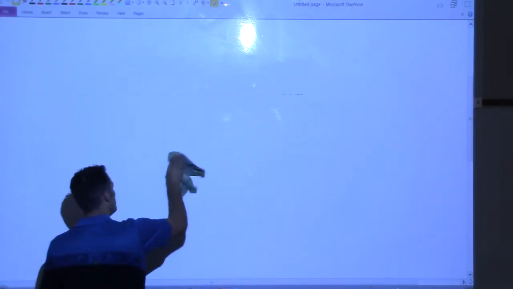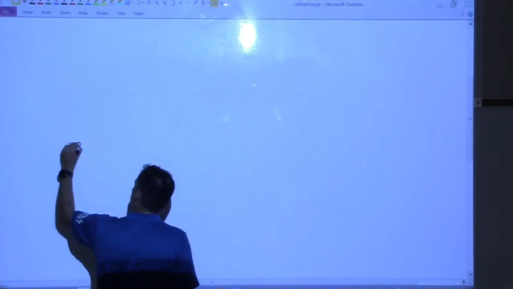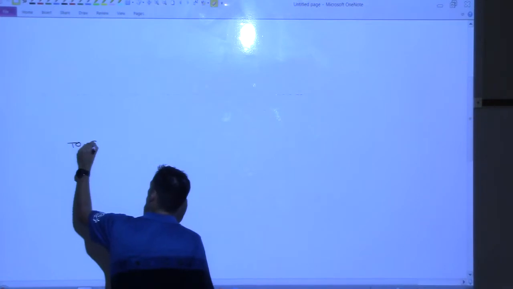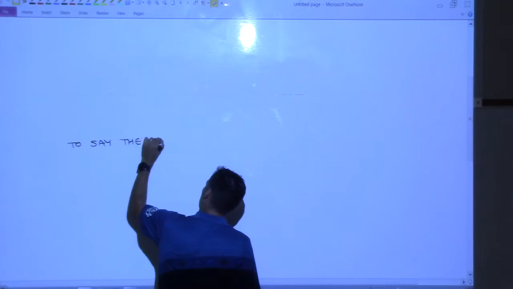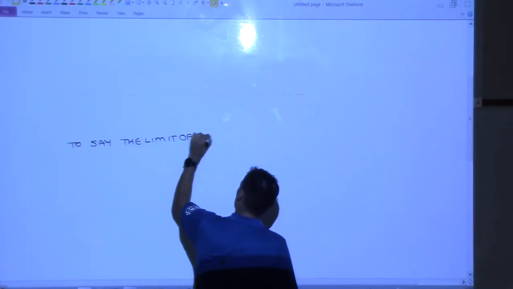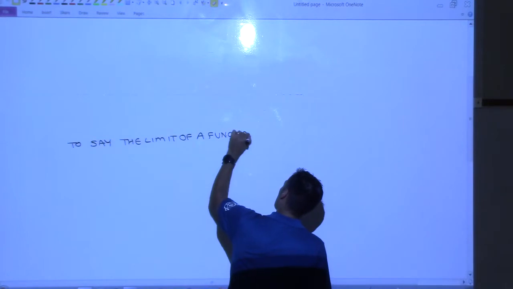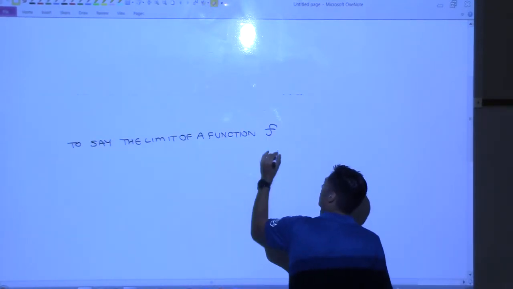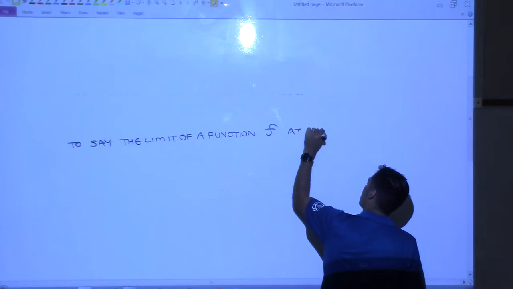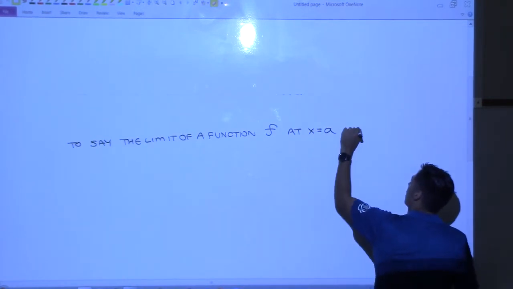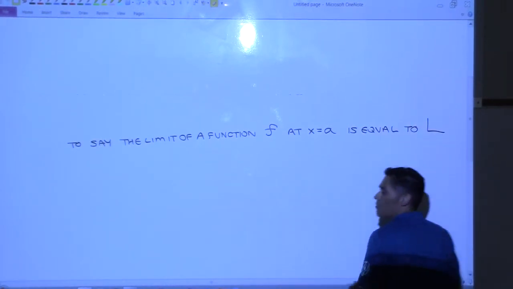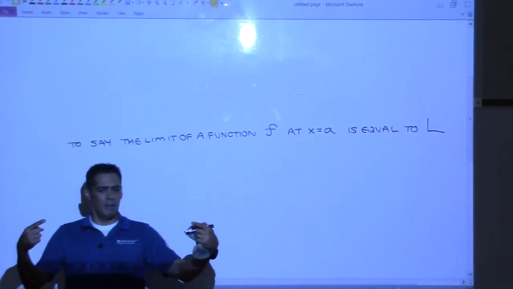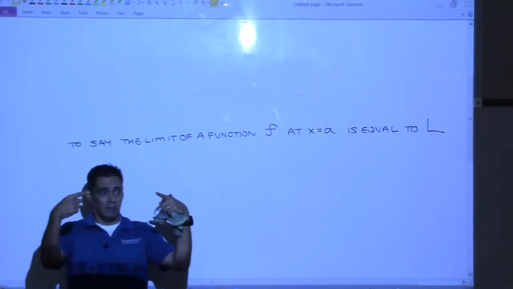Whoa, that red wants to stay. Okay, so this is the precise definition. You don't need to write this down. To say the limit of a function f at x equals a is equal to some number L. So remember in the first example, the limit, we came in from both sides and it was going to 8, right?